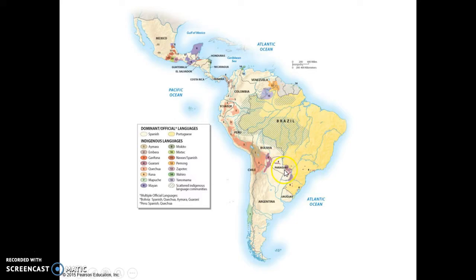Then notice here in Paraguay we have Guarani, and Paraguay is actually a bilingual country where most people speak both Spanish and Guarani. The Mapuches here in southern Chile, that's a large indigenous population in Chile. And many languages of Brazilian tribes in this Amazon basin area.